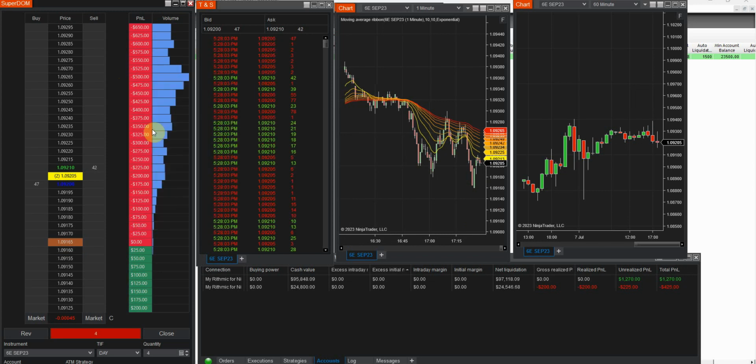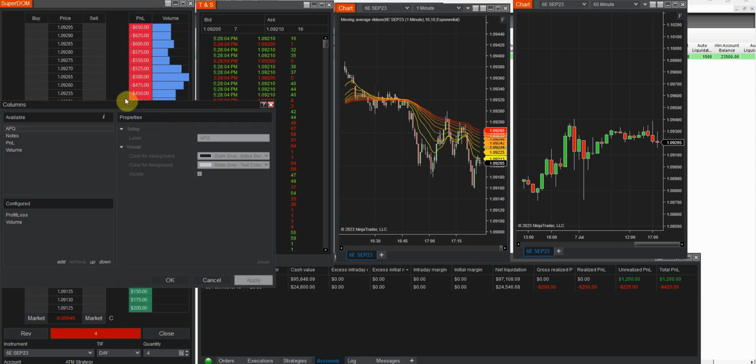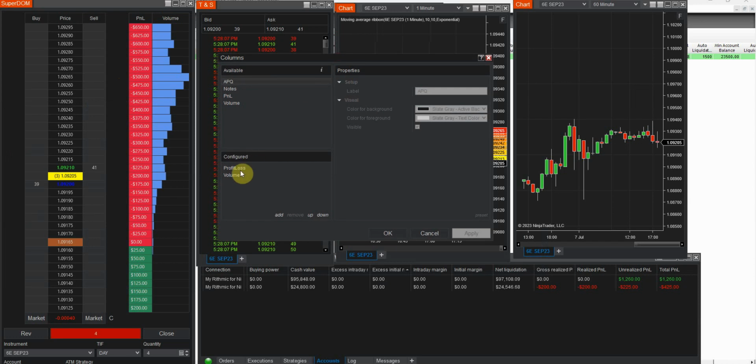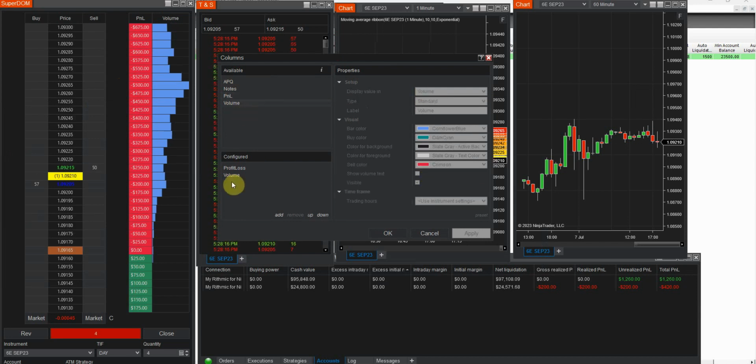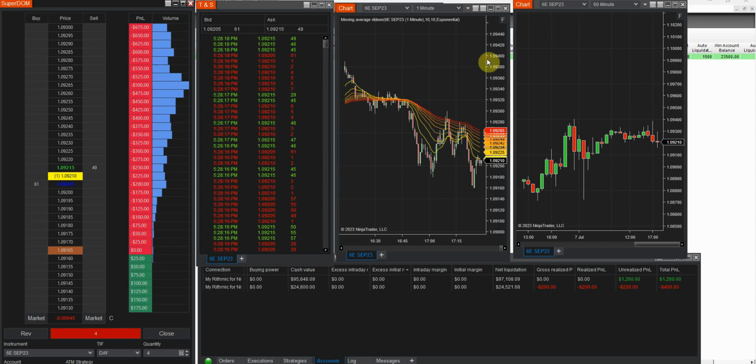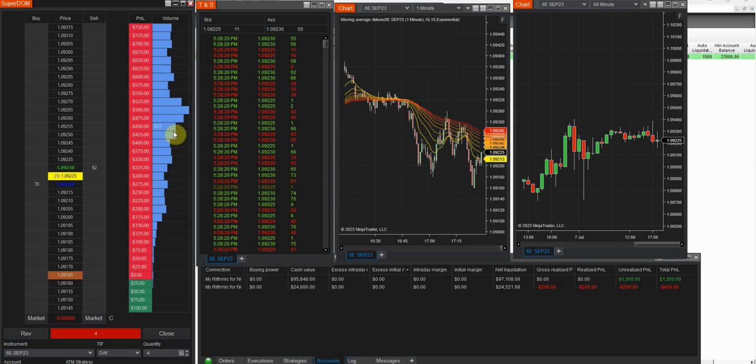Columns. So how to get the P&L and the volume. I find those two very helpful. So they're basically just P&L available up here. So you double click, and then the volume. So you double click that as well. And that basically gives you the histogram kind of activity that we've got here.